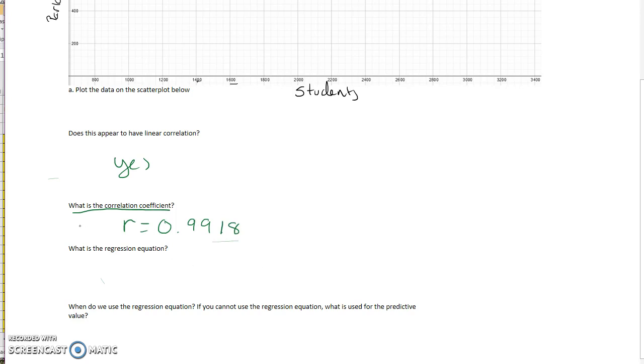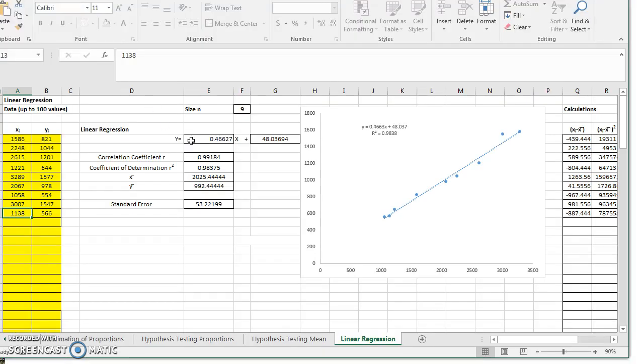And now it says, what is the regression equation? The regression equation here is a linear equation, which is listed right here. Y is equal to 0.46627, and then you see this X back here. Again, bivariate data always have an X and a Y, so we need to make sure we have that X, and then plus 48, we'll round this to 4 decimals, 48.0369.